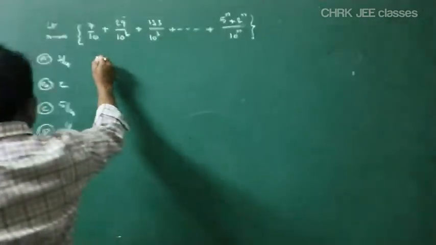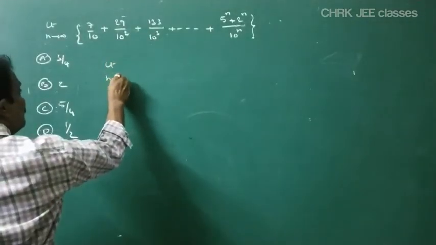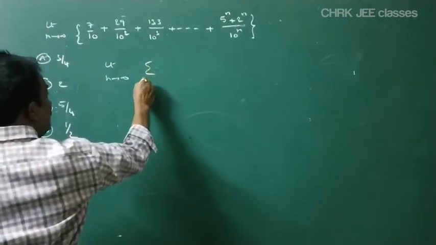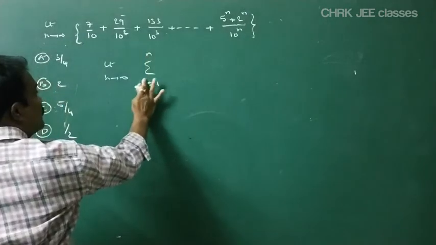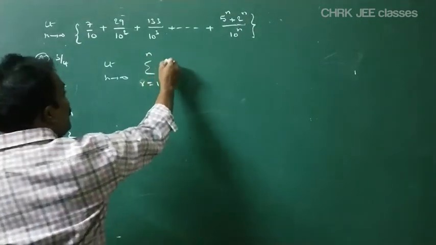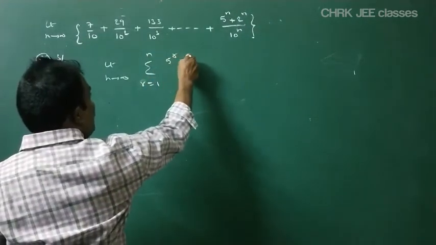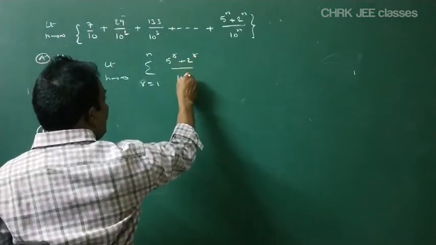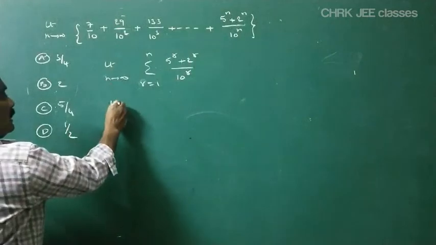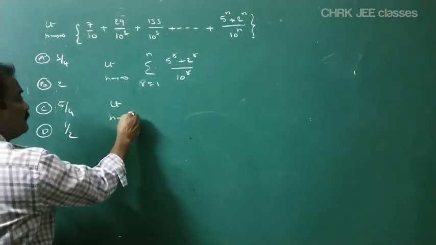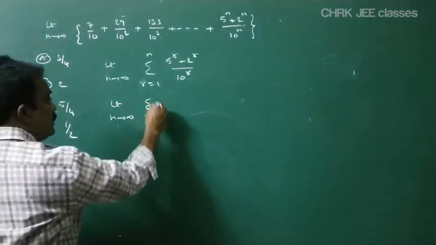So I want to write this one as limit n tends to infinity, sigma r equal to 1 to n, 5 to the power of r plus 2 to the power of r by 10 to the power of r. That equals limit n tends to infinity sigma r equal to 1 to n.